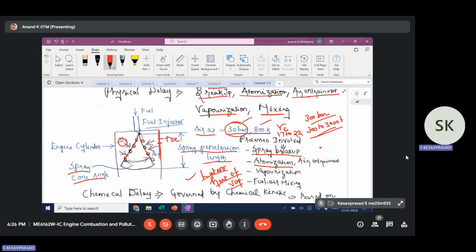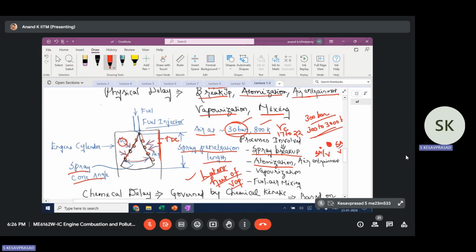Faster. When you form a smaller drop, you compare two cases, a larger drop and a smaller drop. What is the difference between these two cases? Surface area, sir. Surface area to volume is going to be different.